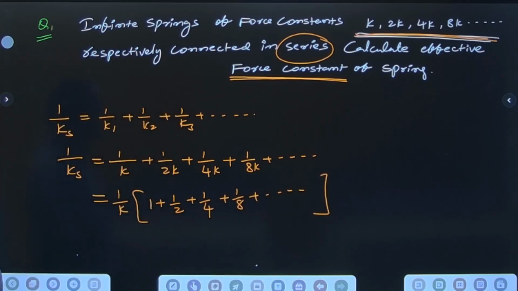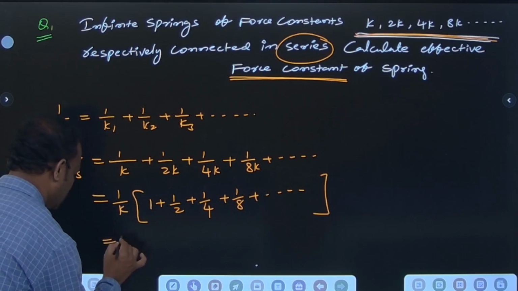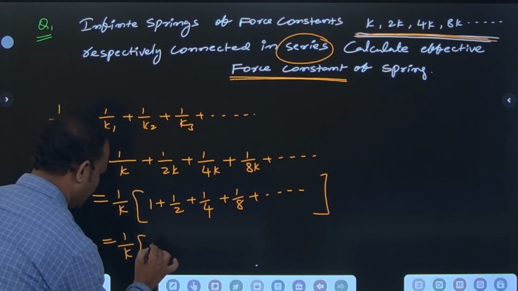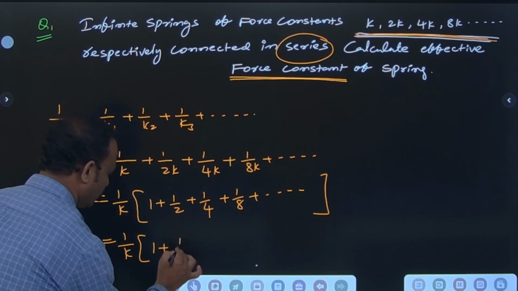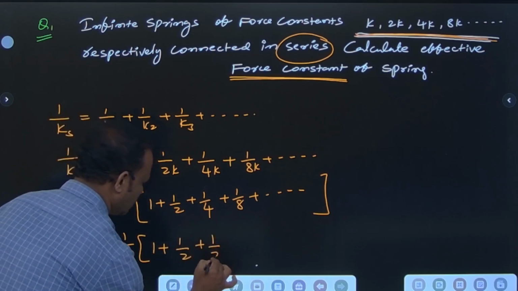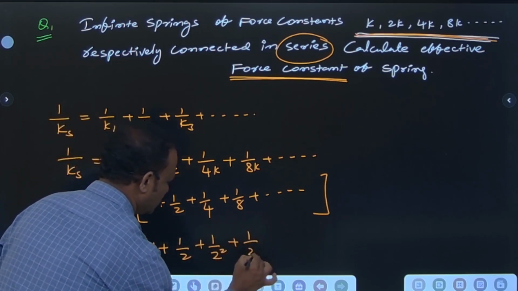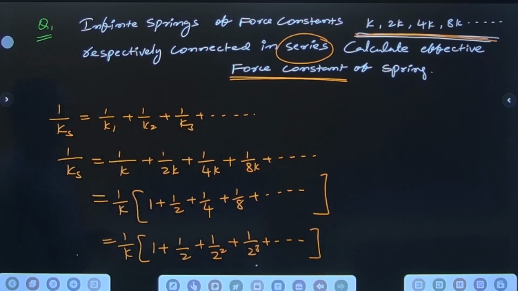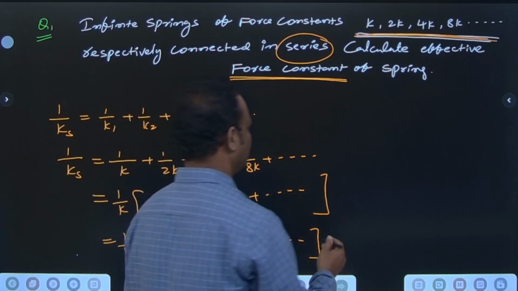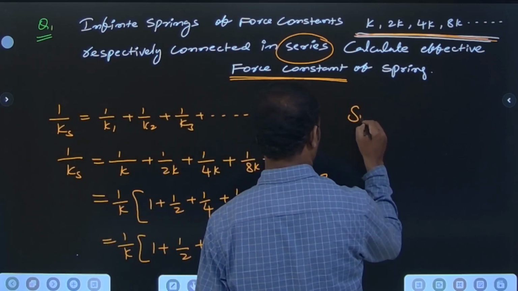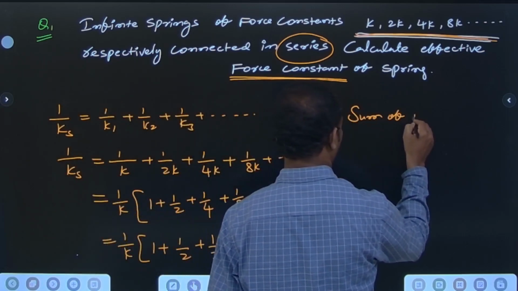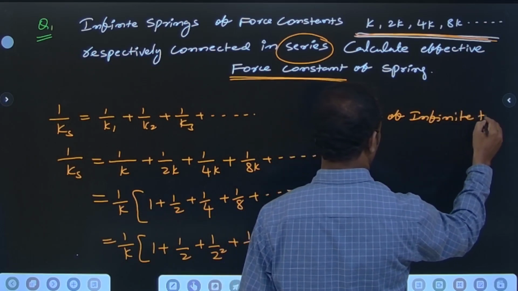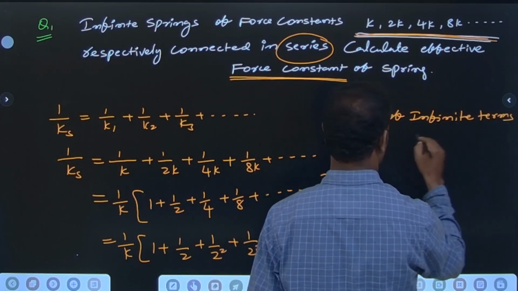It's in the form of GP. So 1 by k times 1 plus 1 by 2 plus 1 by 2 square plus 1 by 2 cube plus so on. Sum of infinite terms in GP.